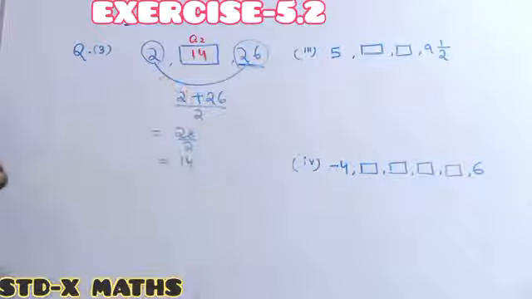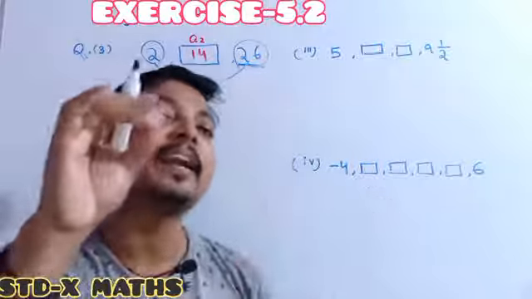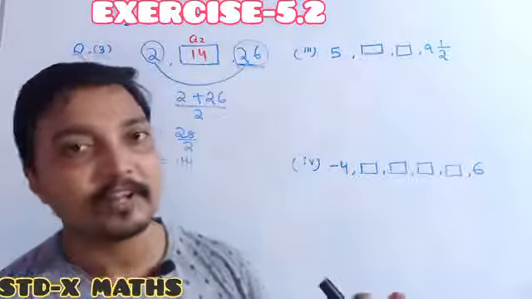So this formula will work only when two side terms are given and the middle term is asked. Everyone perfectly understood?